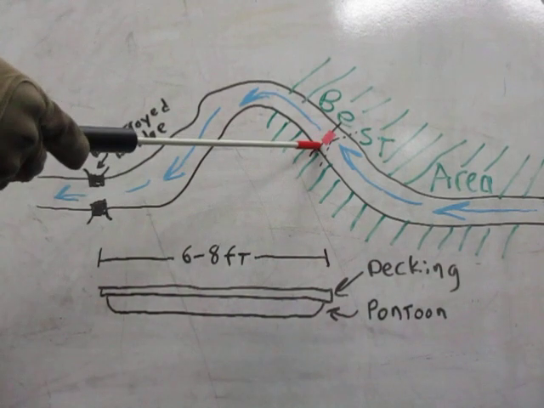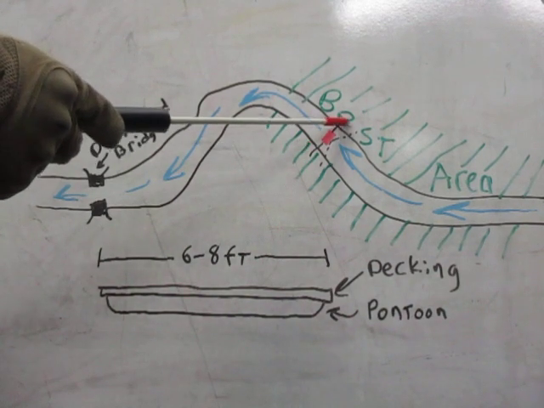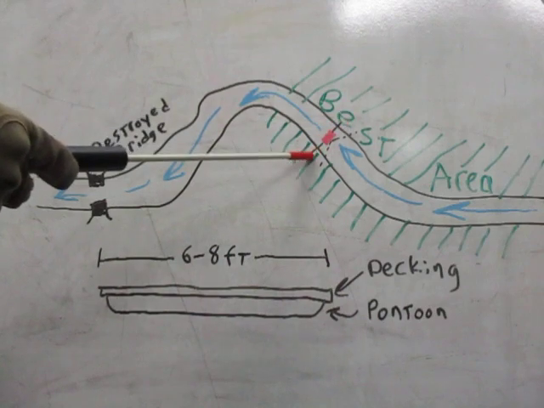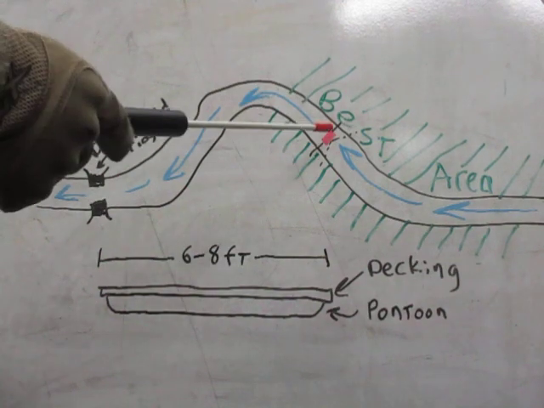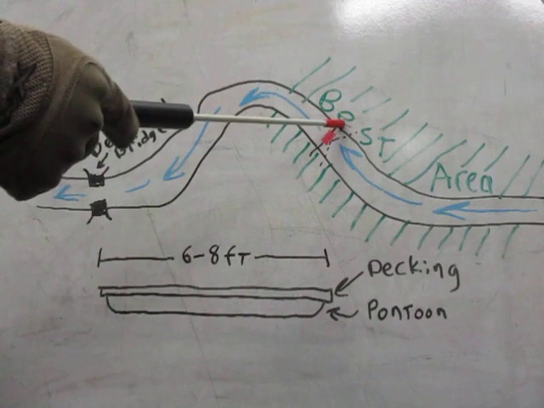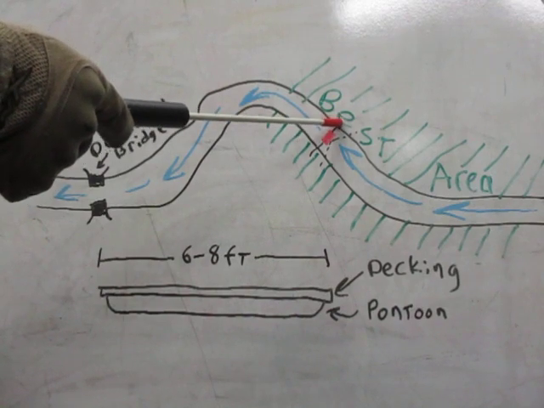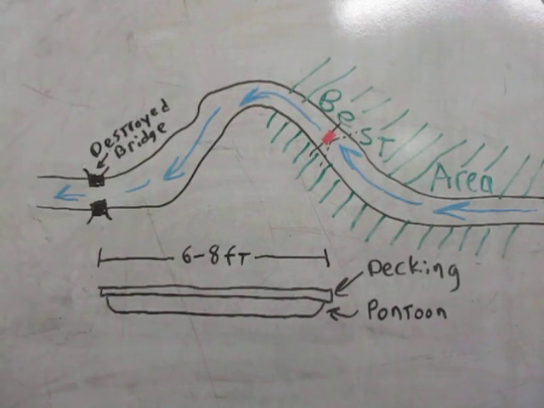So once the load is on here, these guys start pulling over here. These guys start feeding out the rope a little at a time, whatever pace you come up with. Gets to the other side. They pull it either up onto the beach, whatever they're deciding to do, how long it's going to take to get the load off.